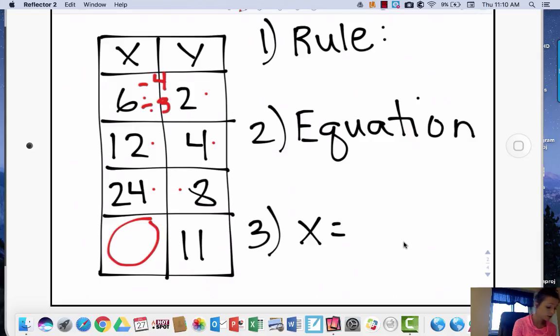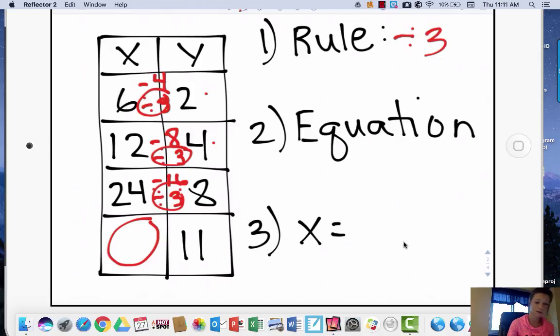I can either do 12 minus 8 or 12 divided by 3. And 24 to 8, I can either subtract 16 or I can divide by 3. The dividing by 3 is the same in all of these, so I know that my rule must be to divide by 3.